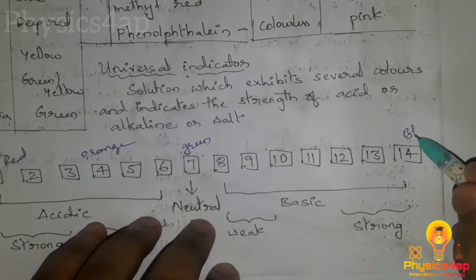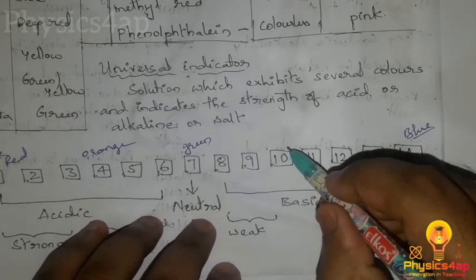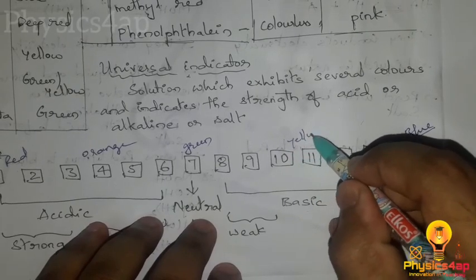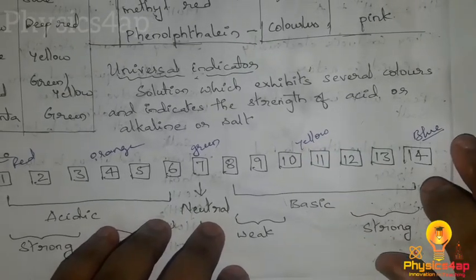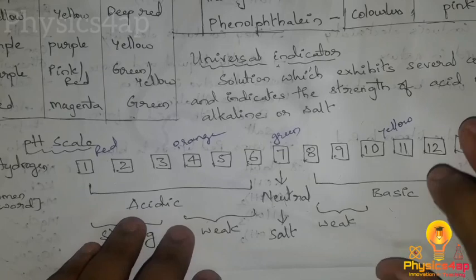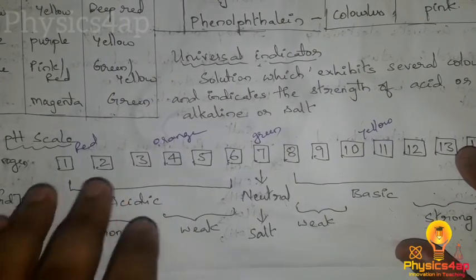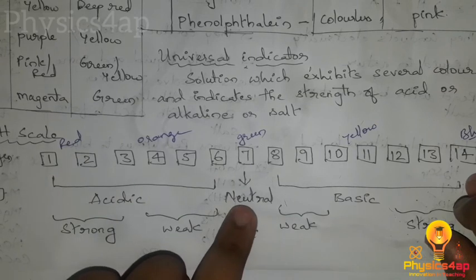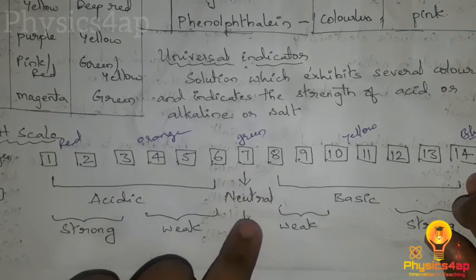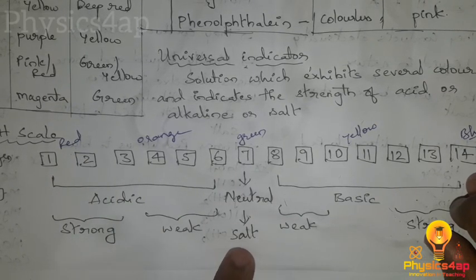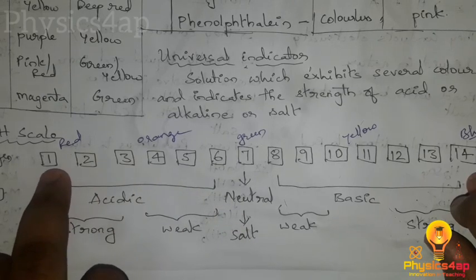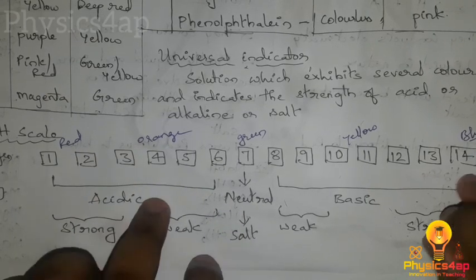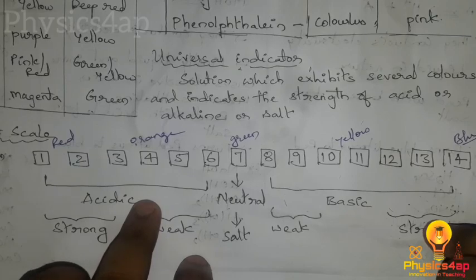So it ends with blue, and in the middle we have yellow. So this is about the pH scale. It starts from 1 to 14 with several colors, with neutral at 7, which is a salt, red being acidic in nature, and blue being basic in nature.